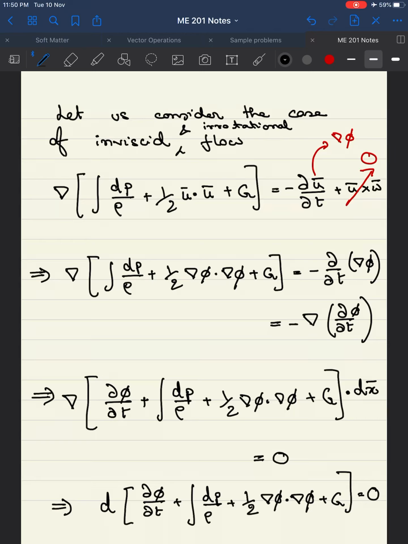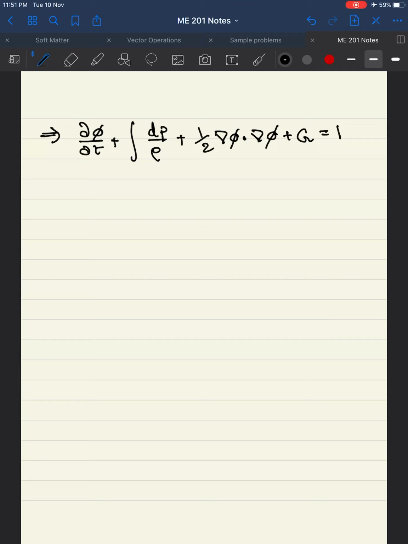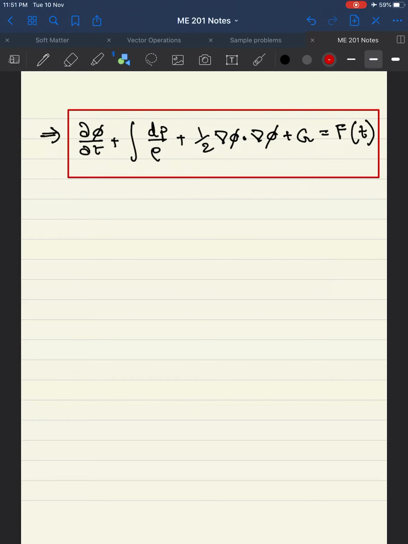But this time, this is the spatial derivative, so this quantity, del phi by del t plus the integral of dp by rho plus half gradient phi dot gradient phi plus g, is equal to some f of t, where f of t is some function of time.